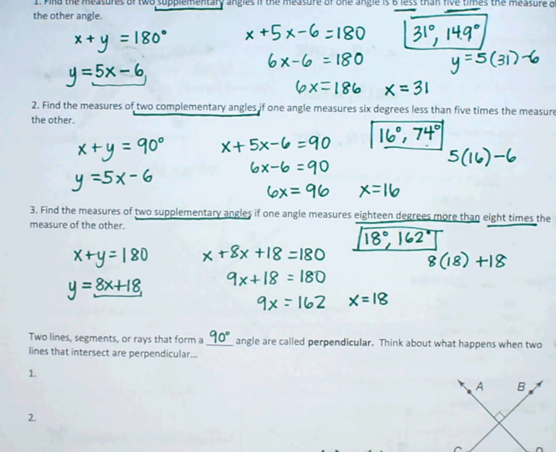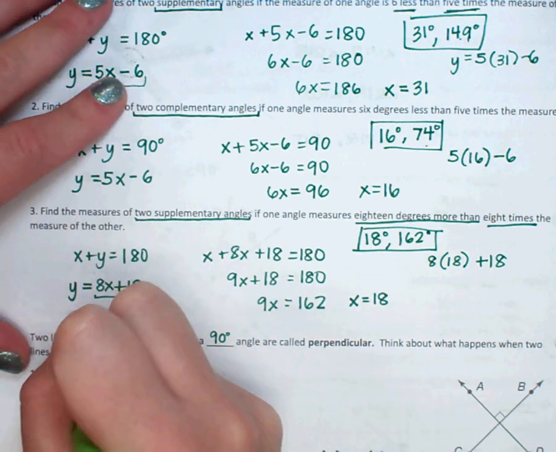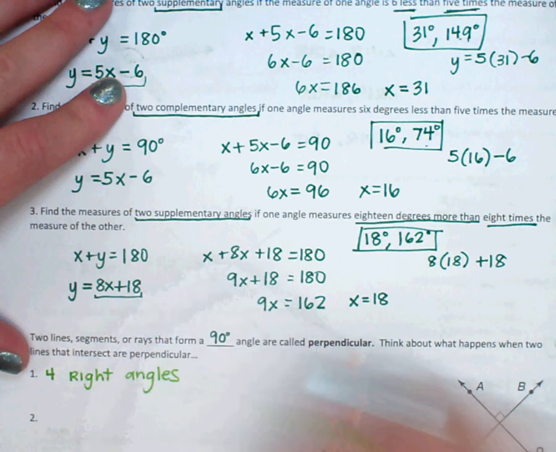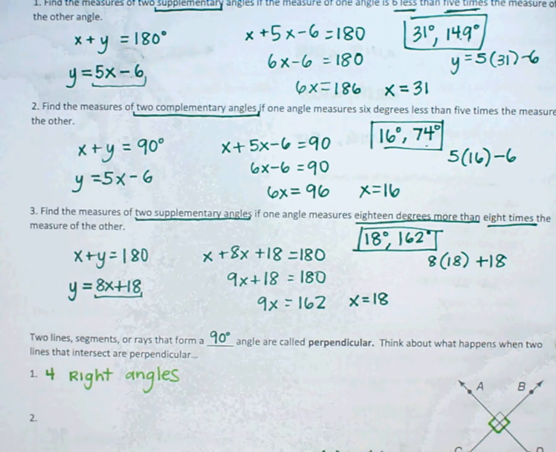All right. Now, a couple things happen when we have perpendicular lines like this. We have not only one right angle, but 4 right angles. This is a right angle, and this is a right angle. That's a right angle, and that's a right angle as well.